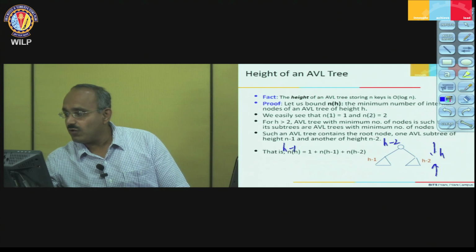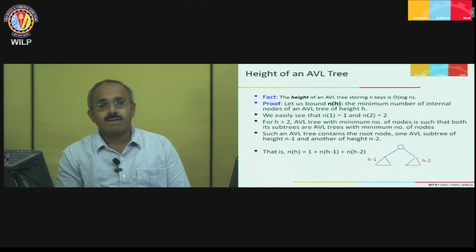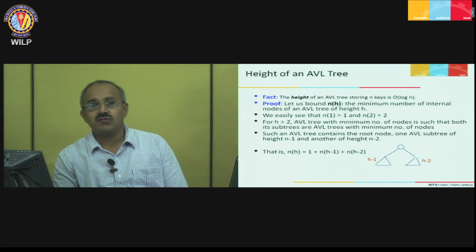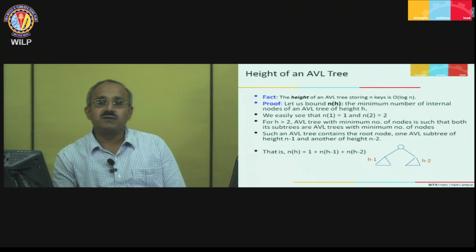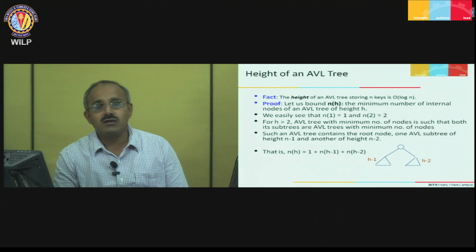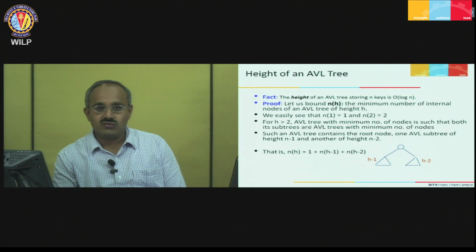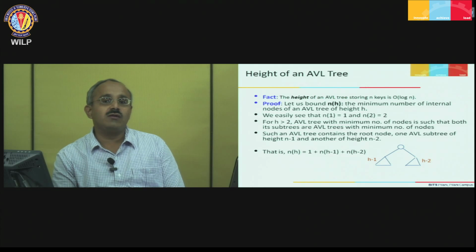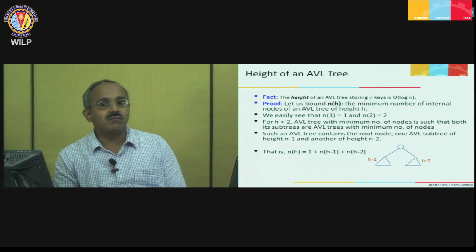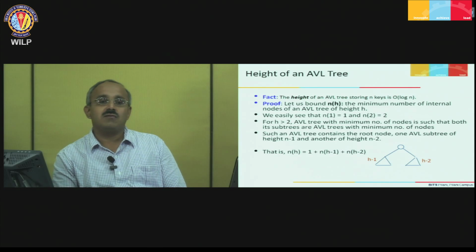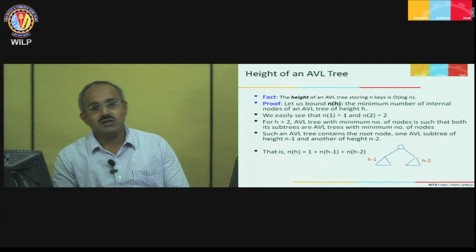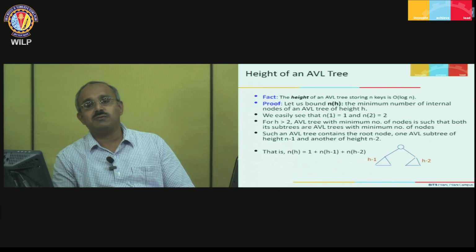So, once we observe this, that means n_h is going to be 1 plus n_{h-1} plus n_{h-2}. That is, the minimum number of internal nodes of a tree of height h is going to be 1 plus the minimum number in height h minus 1 plus the minimum number of nodes in an AVL tree of height h minus 2.